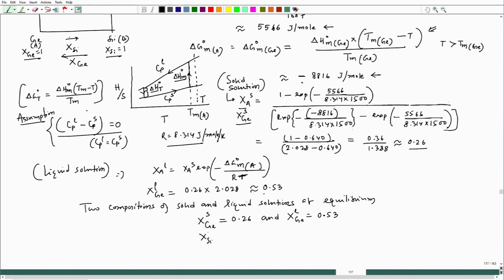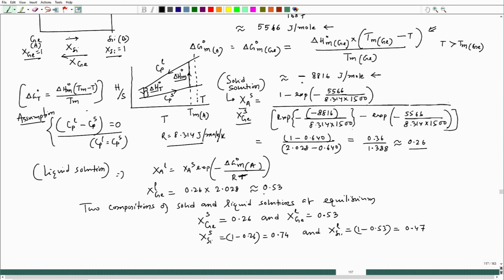X silicon solid should be equal to 1 minus 0.26, which is 0.74, and X silicon liquid equal to 1 minus 0.53 equal to 0.47, because XA plus XB equal to 1.